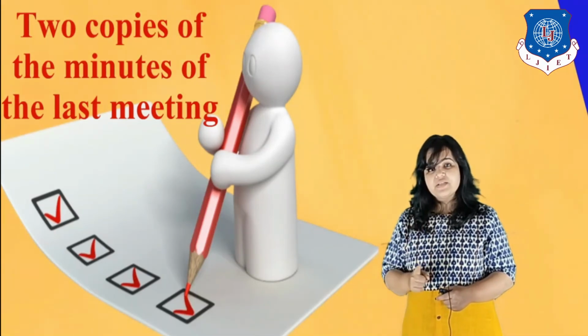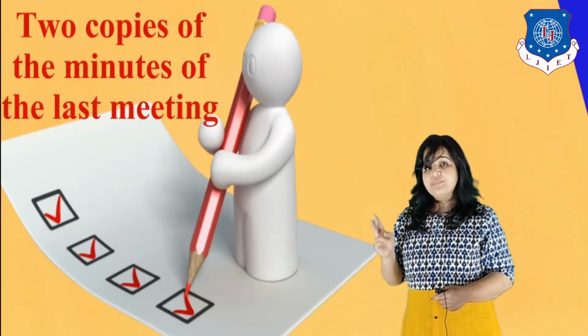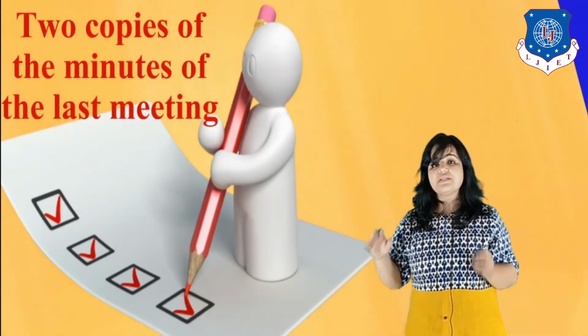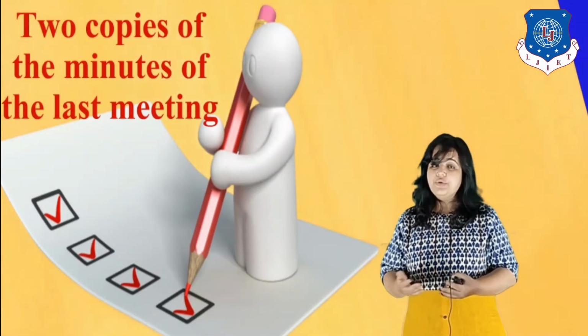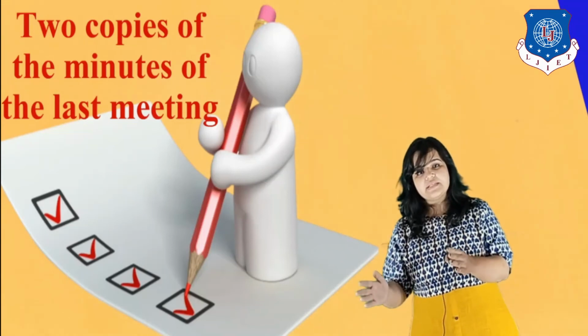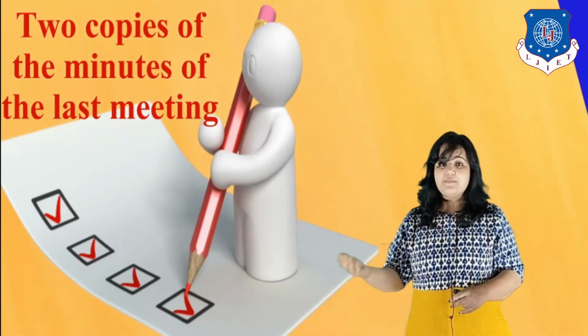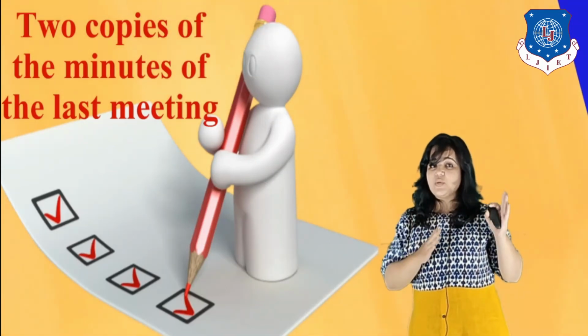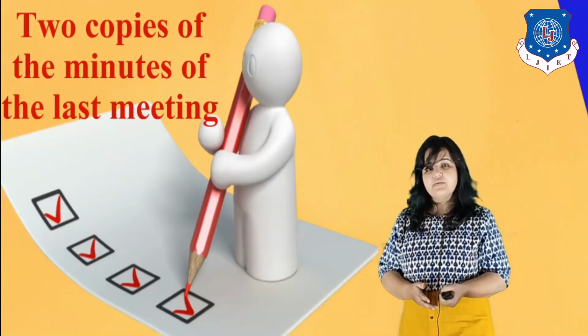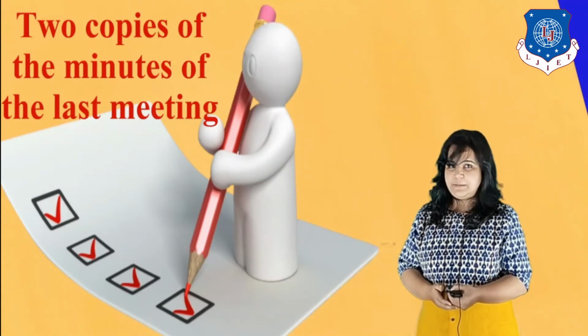So one copy of the minutes is for the signature, the second is for the reference of other members and for your own reference during the meeting: what was the last meeting about, is this meeting a continuation, what are the points which are similar, what were the things which were discussed previously already. All these things can be known very nicely from the previous minutes of meeting.